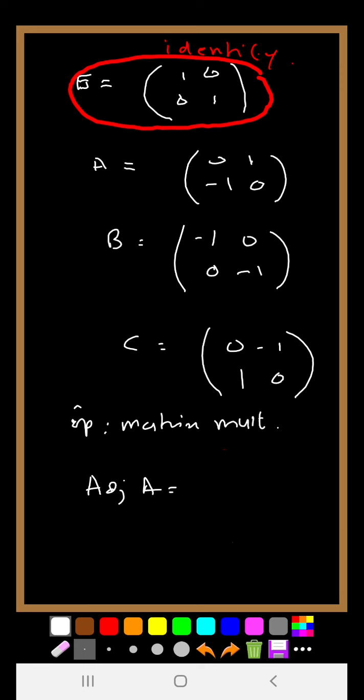It is simply 0, minus 1, 1 and 0. So this is nothing but C, and this is A. So A inverse is equal to C.